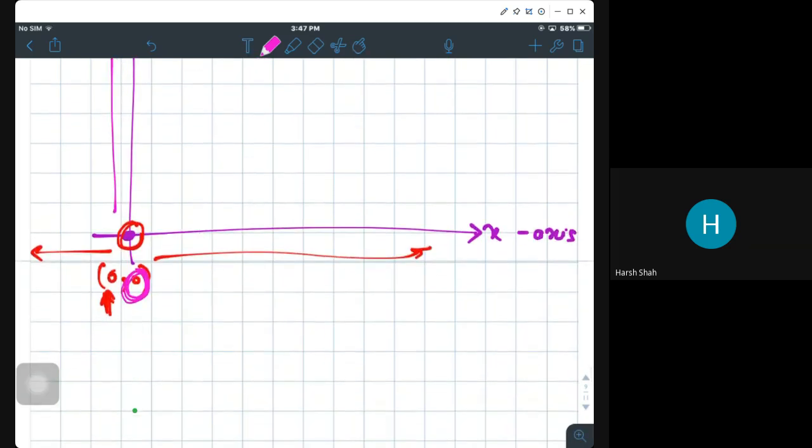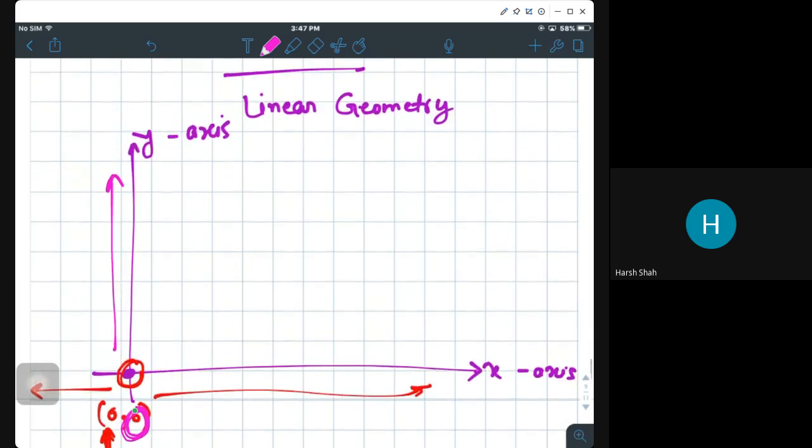And if I move down this path, I'll decrease it. So any point in this geometry, we write as x comma y. This is the x coordinate, this is the y coordinate, right?